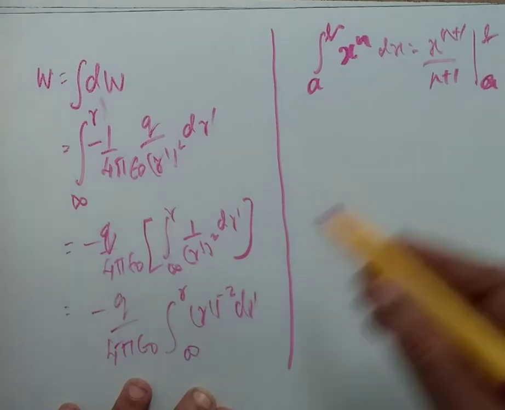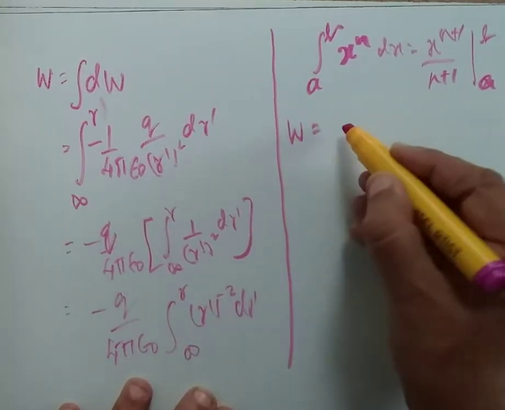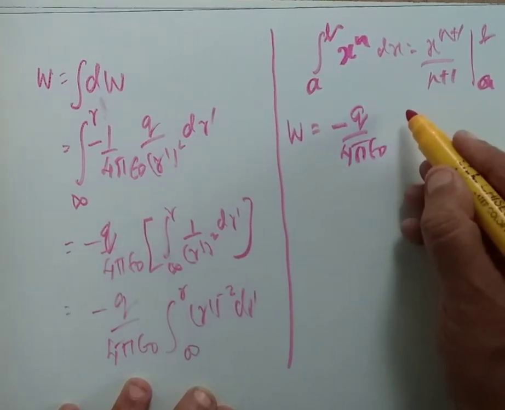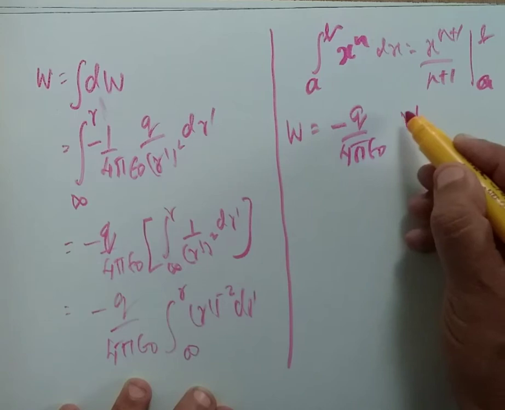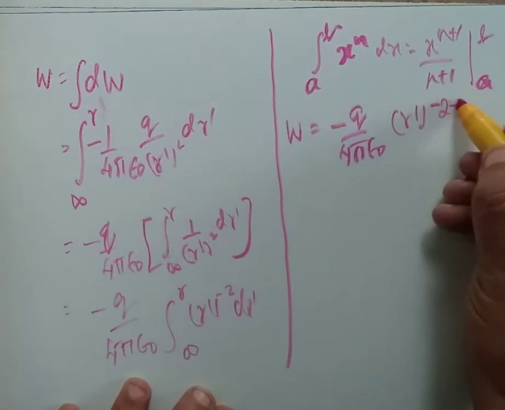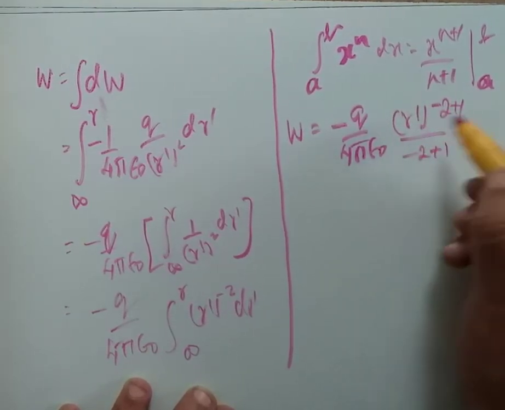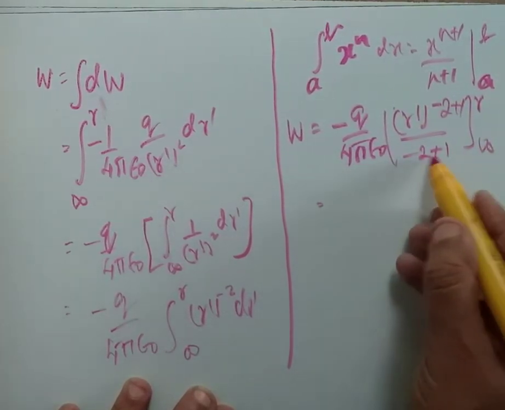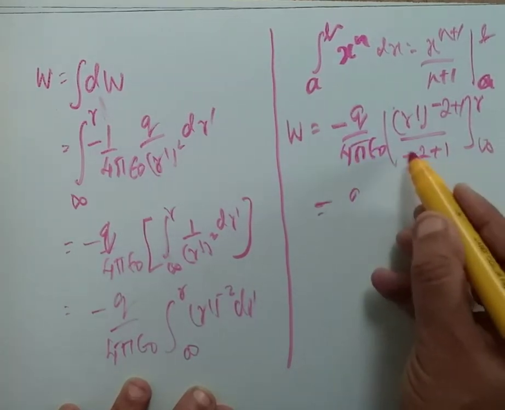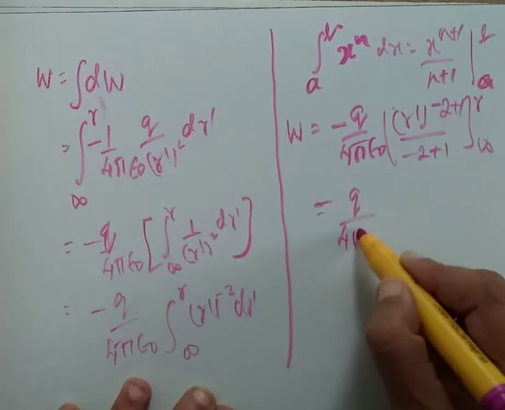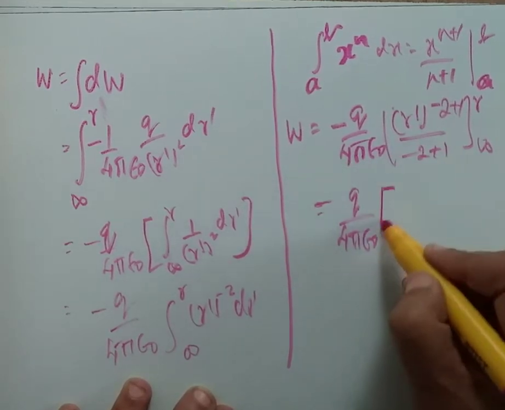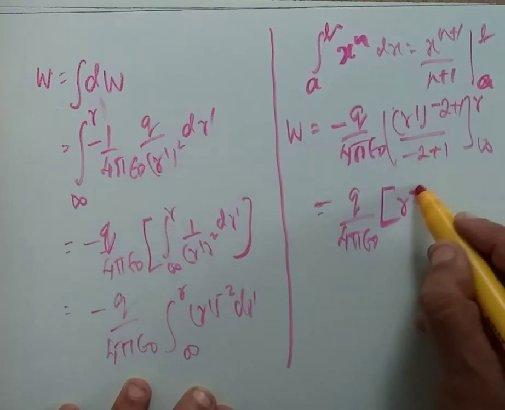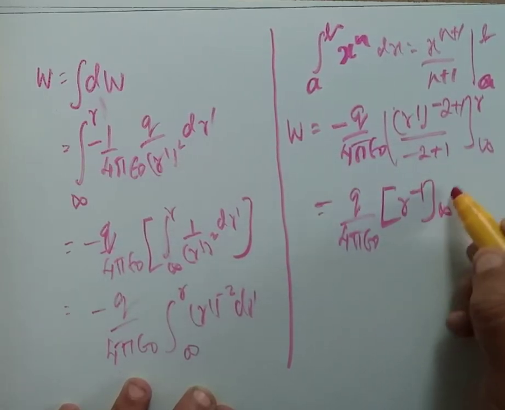With the same idea we do that now. W equals minus Q by 4 pi epsilon naught, r' to the power of minus 2 plus 1 by minus 2 plus 1, with limits infinity to r. So minus 2 plus 1 is minus 1, it becomes plus now, minus into minus is plus. So I write Q by 4 pi epsilon naught, and instead of r' I have to write r there, r to the power of minus 1, from infinity to r.